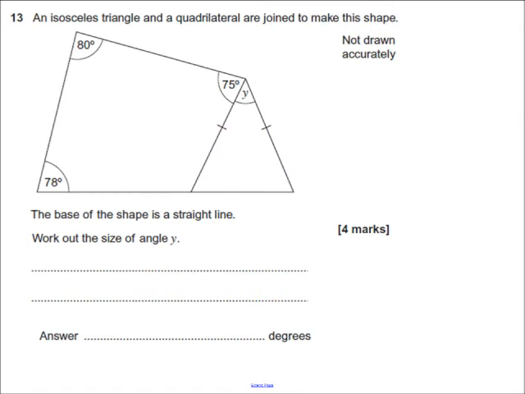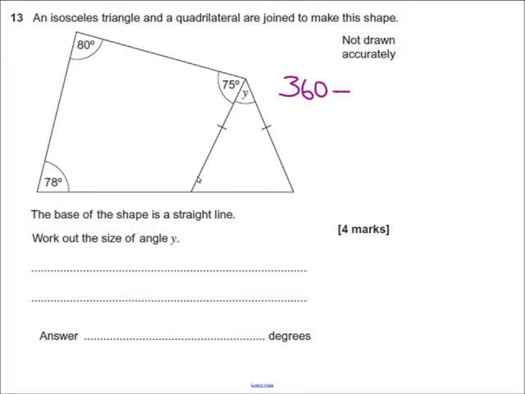Question 13. An isosceles triangle and a quadrilateral are joined to make up this shape. The base of the shape is a straight line. Work out the angle of Y. Okay, so we have a quadrilateral and we know that the angles inside a four-sided shape, no matter what it looks like, add up to 360 degrees.